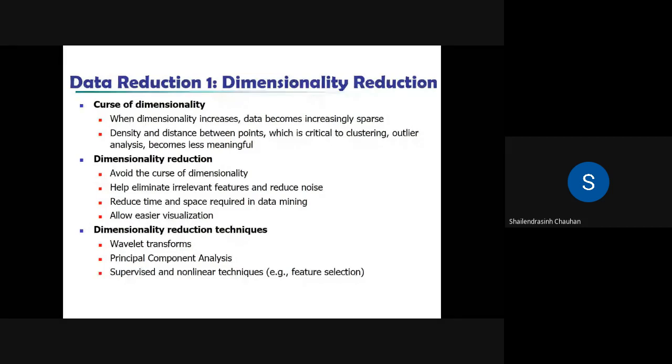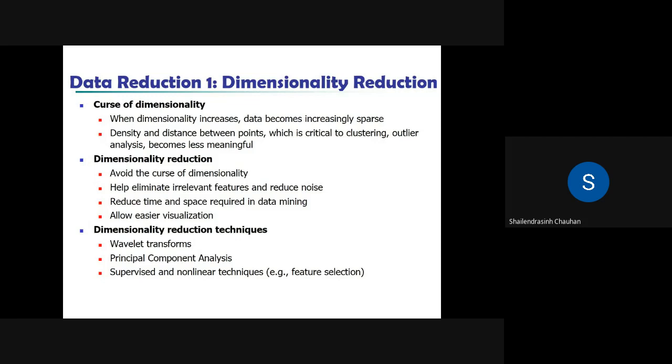Whenever dimensions increase gradually, the sparsity of data will increase. So in short, we are going to reduce the dimensions here. If dimension is increasing, your sparsity of data will also increase. That means it is going to be more complex.